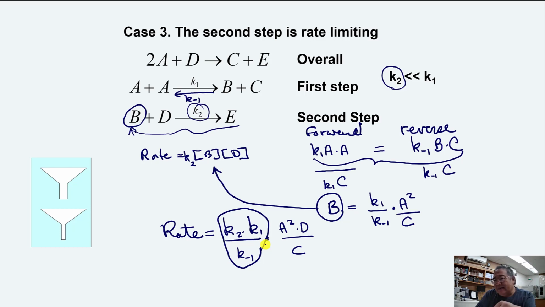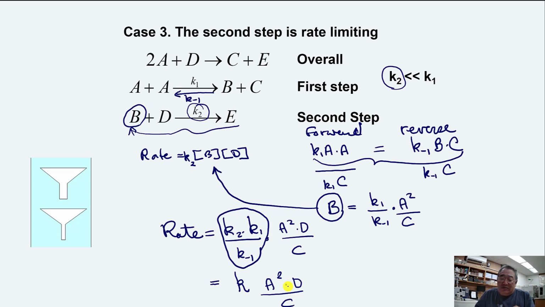But the actual thing you would test in a rate law would just be a K, the intrinsic rate constant. That's what we measured before, but it's actually a collection of microscopic rate constants in the mechanism. So this will be A squared times D over C. Even though it looks weird, it's an okay rate law because it only has reactants and products in it, things we can manipulate to see if the mechanism is correct.